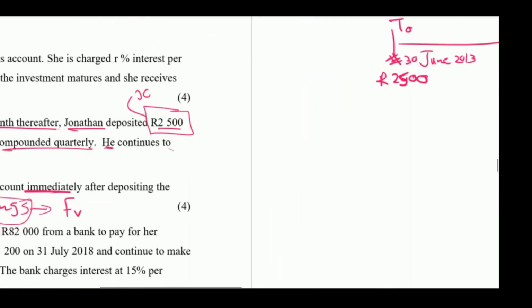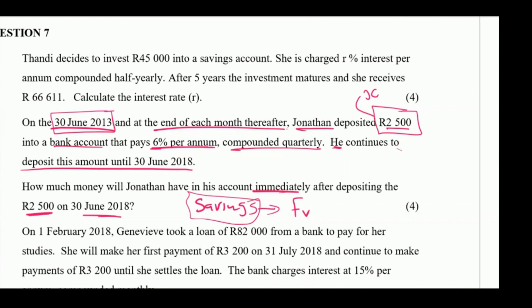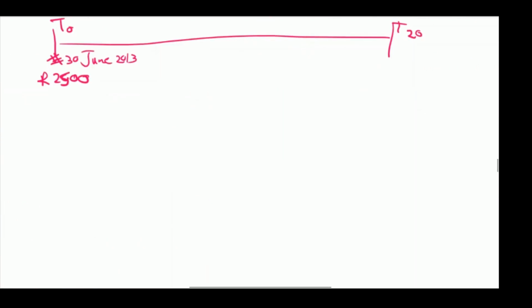Why am I saying T20? Remember that it's from 2013 up until 2018, right? Simply do the math. It's 5 years, right? From 2013 to 2018 is 5 years, right?